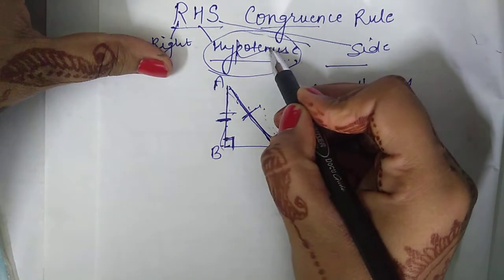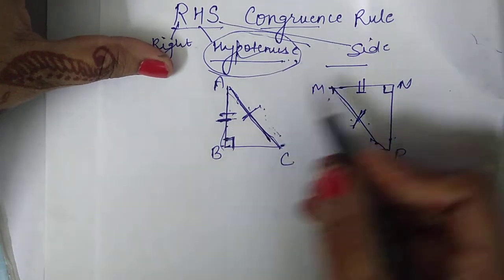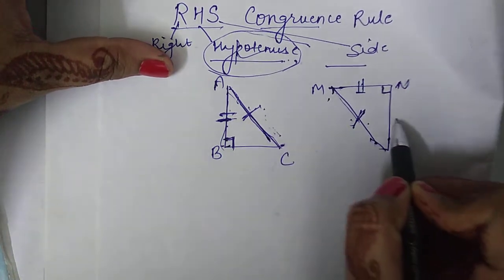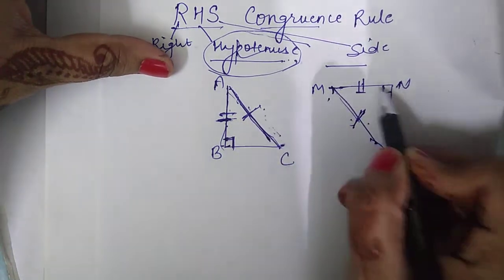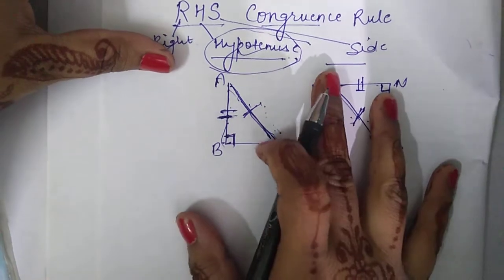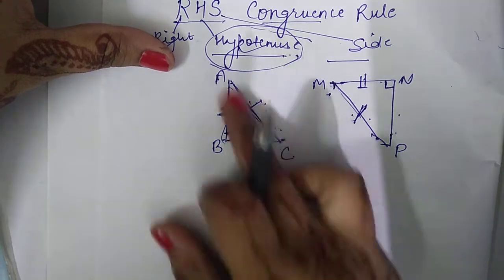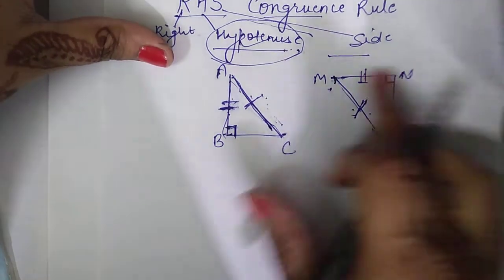So the hypotenuse is also equal, and any side other than the hypotenuse, this may be equal to this also. Here it is given that these two are equal. So by the RHS congruence rule, we can say triangle ABC is congruent to the other triangle.